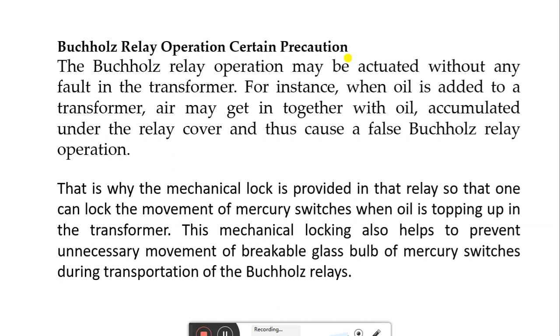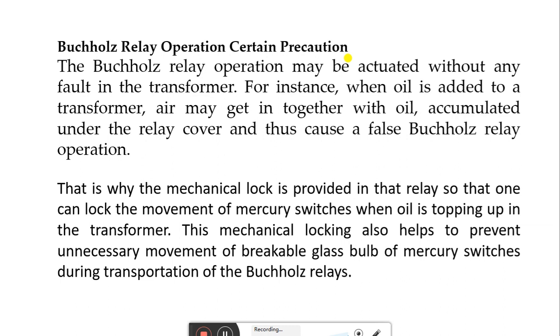That is why a mechanical lock is provided in that relay, so that one can lock the movement of the mercury switches when oil is topping up in the transformer. So to avoid this mishap or false operation of the Buchholz relay, a locking system is provided so that when oil is topping up in the transformer, false operation may be avoided.